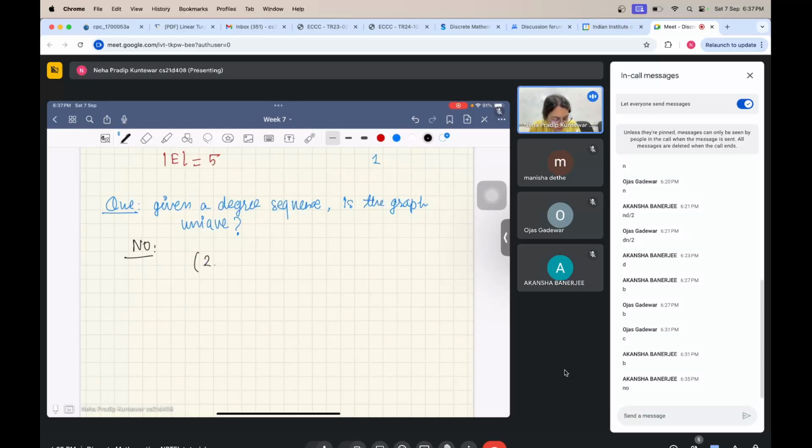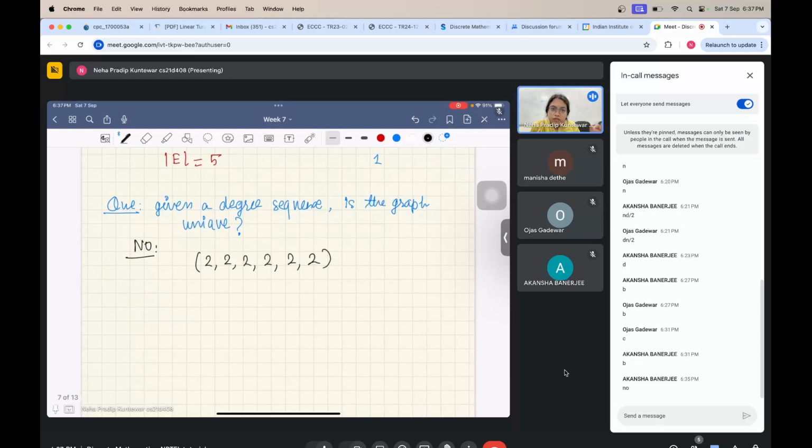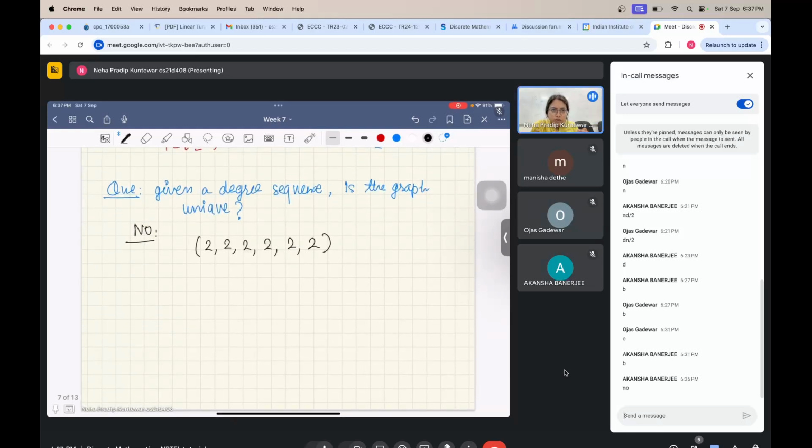So suppose I give you a degree sequence like this. There are 6 vertices, and all of them have a degree of 2. What all graphs can you come up with which have this degree sequence? Ma'am, we can think of six dots and join them all. Exactly.